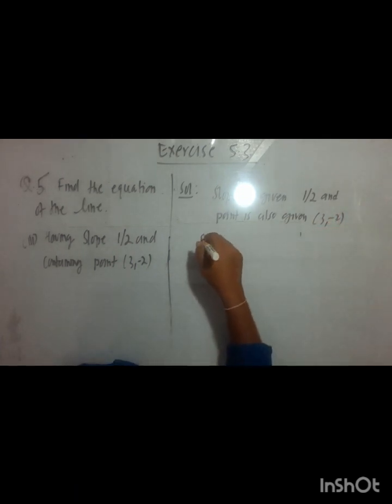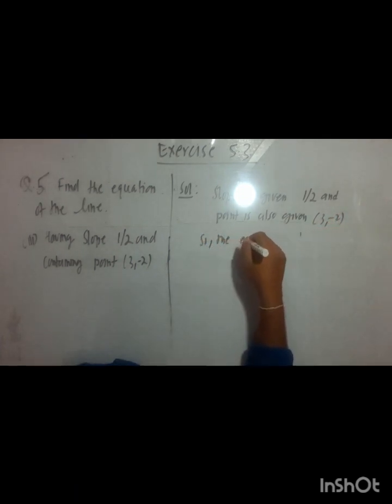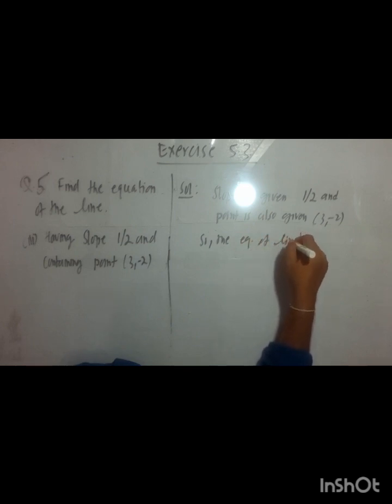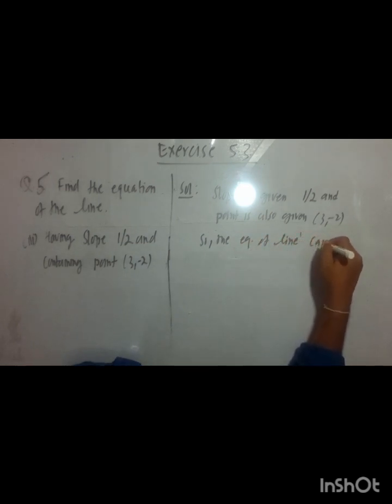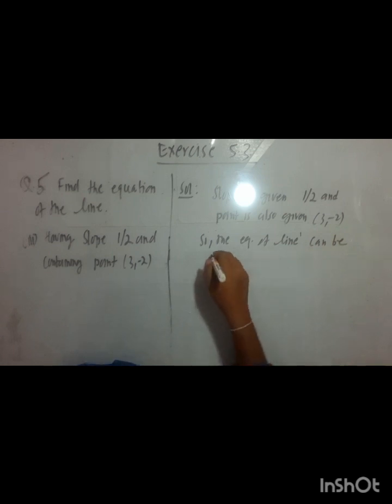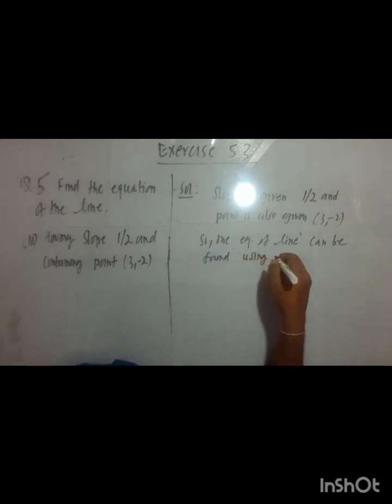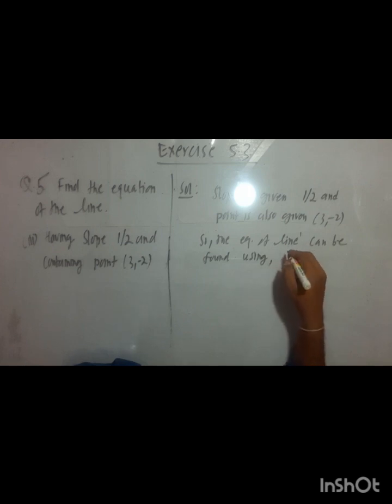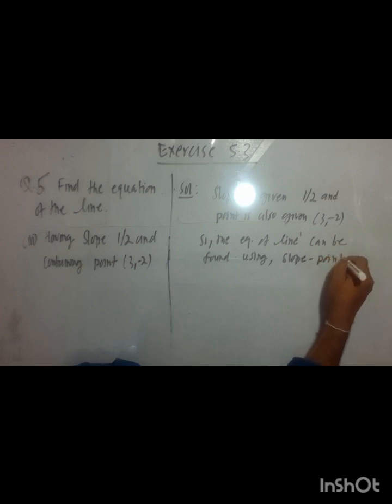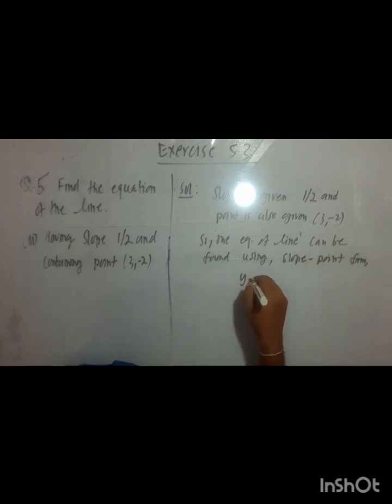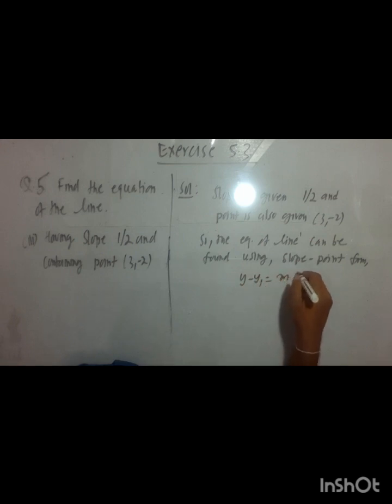So the equation of the line can be found out using which form? Slope point form, that is y minus y1 is equal to slope times x minus x1.